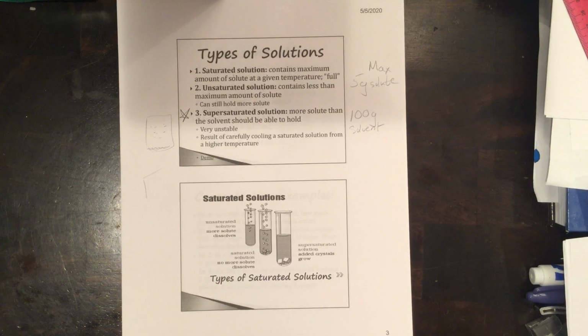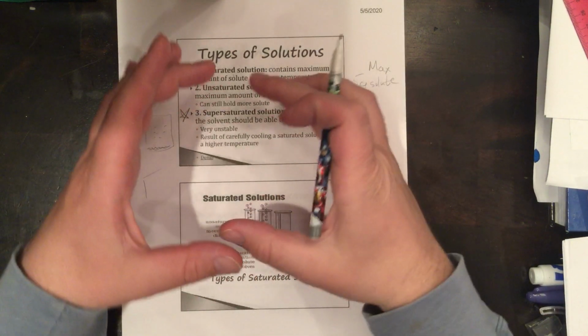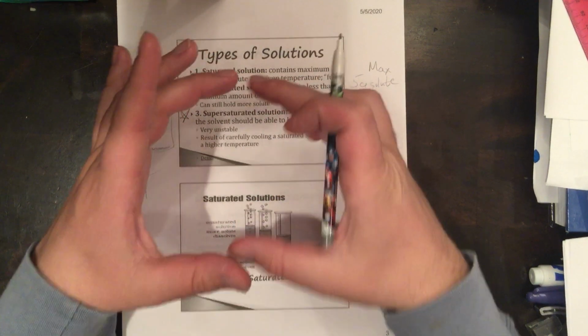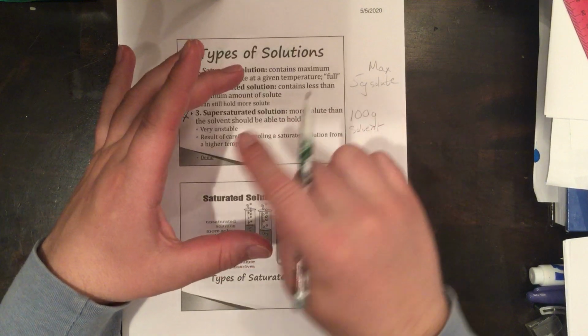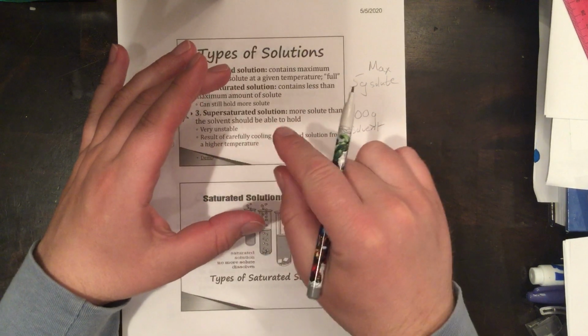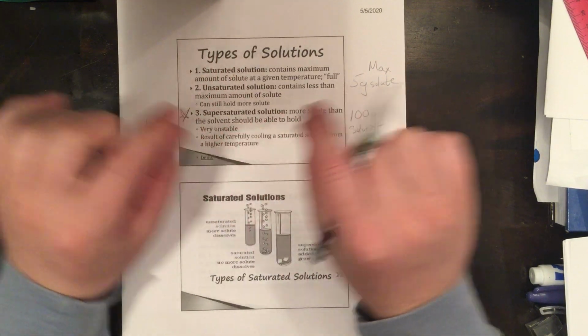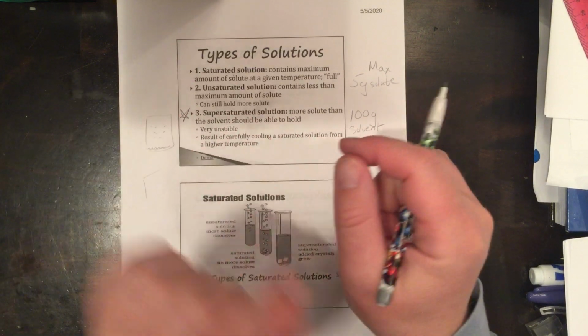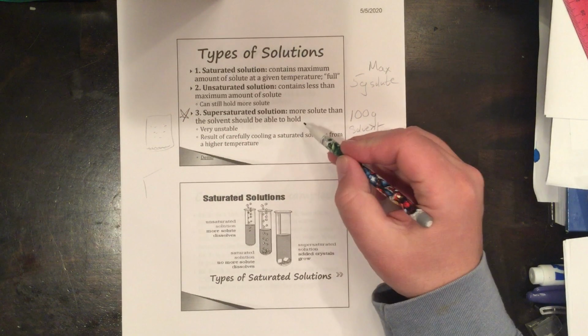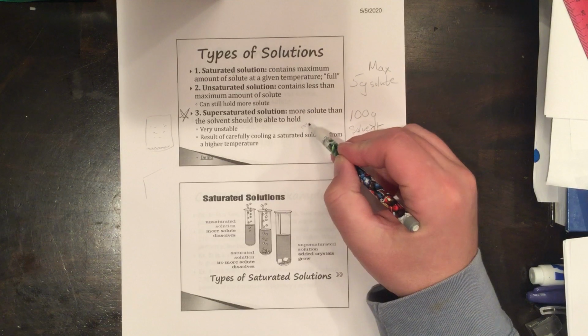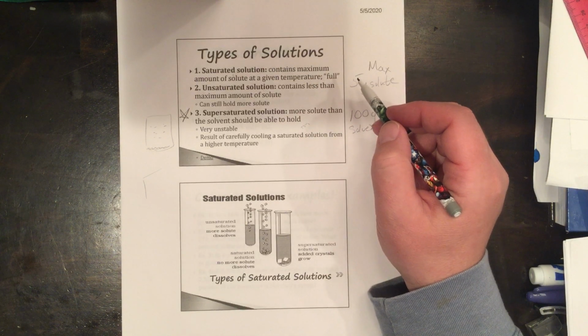If anybody's ever grown crystals, like sugar crystals, you get a jar, and you put sugar water in, and then you put a pencil along the top with a string and a paper clip hanging in, and it forms crystals. You're sort of getting this supersaturated solution situation.